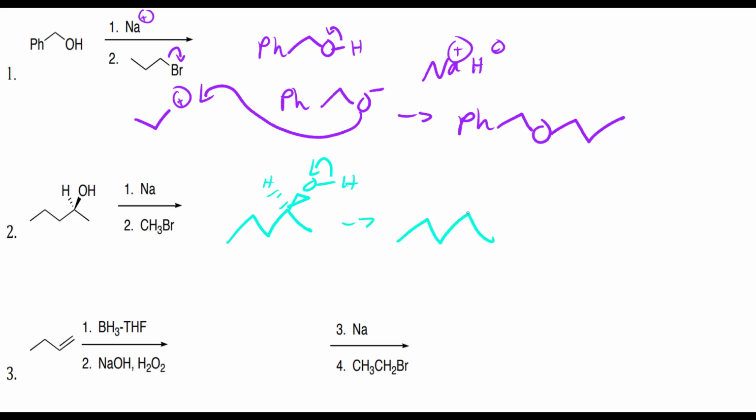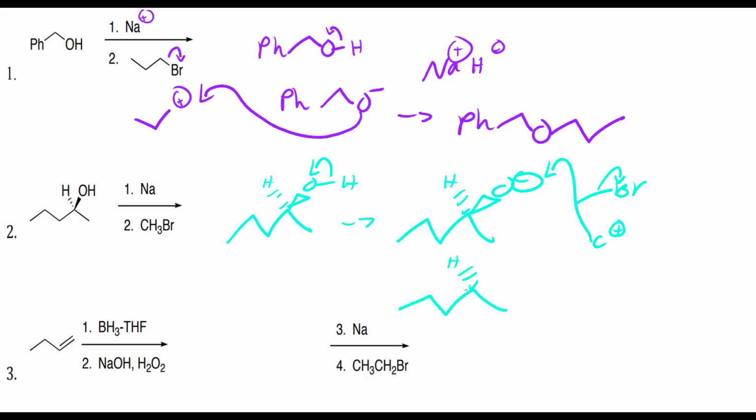But look what's weird: we now have an alkoxide that is chiral. Now we're adding this guy, so it's going to break towards the bromine, forming a positive carbon, and it's going to be attracted to this oxygen. So we will have this.